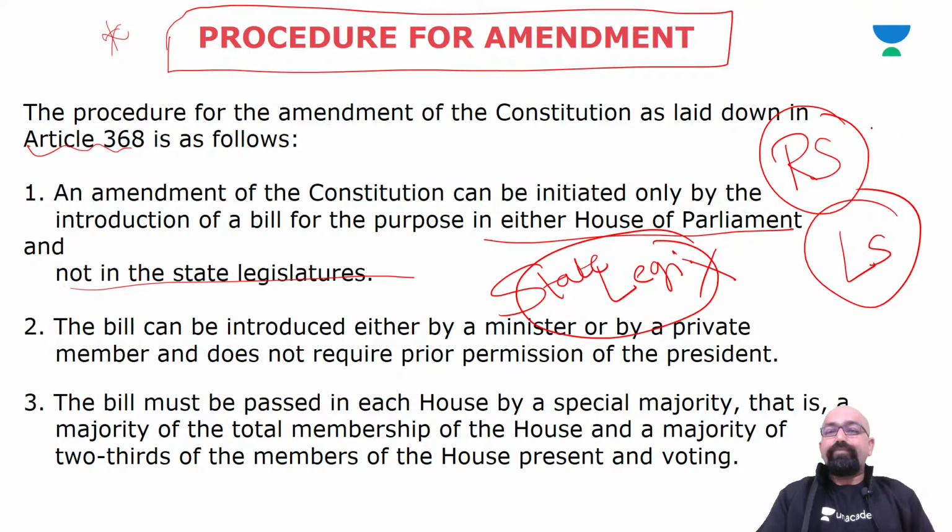So this bill can be presented in either house of the Parliament. Just remember this point.